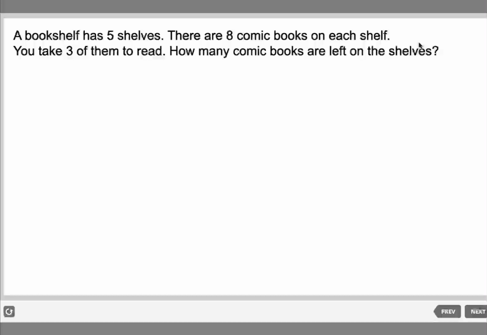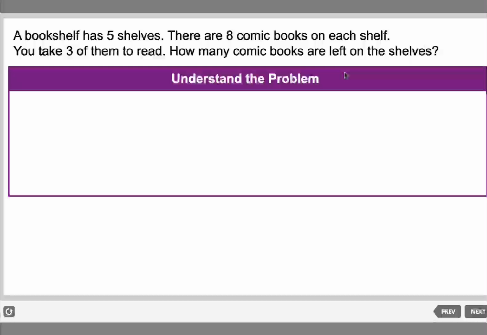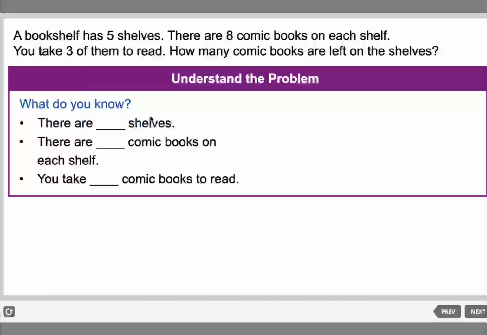To solve a question like this, we need to make a plan. We need to think what we should do. The first thing that you should do is understand the problem. To understand the problem, you should find what you have already. What do you know? There are how many shelves?